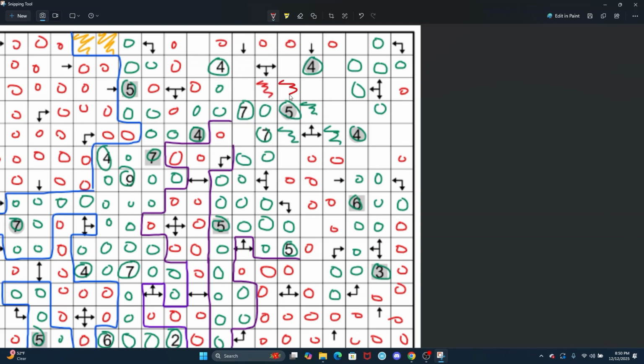So we have these 3 have to be red. But then this 7 means that all of these are red. That's okay so far. Oh, but then this 7 has 3 red neighbors, which can't happen. So we have that these must be red since that was our first assumption. So this is green.